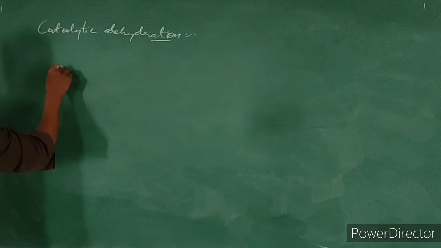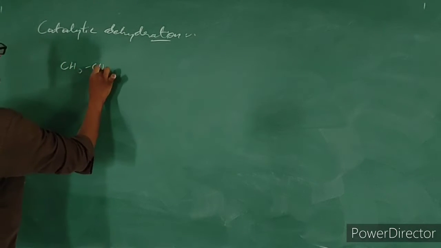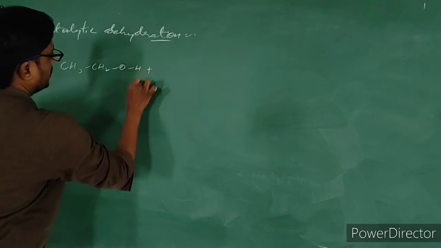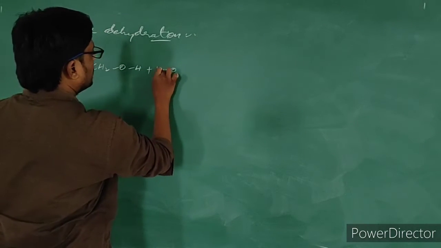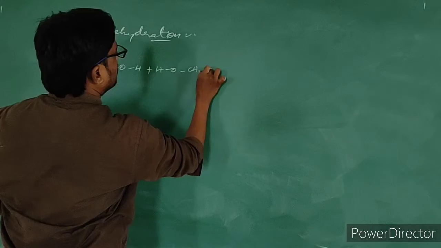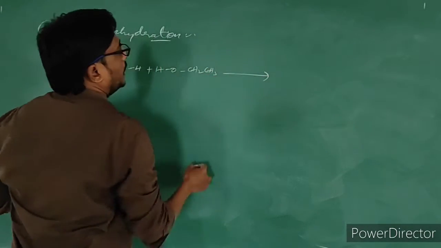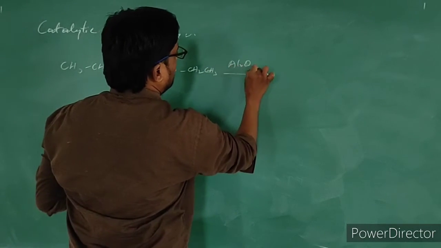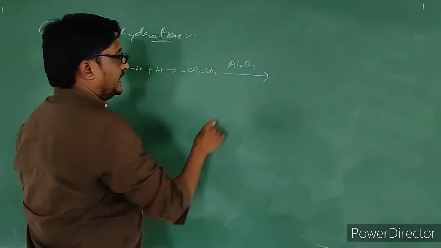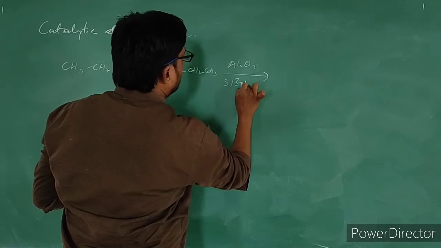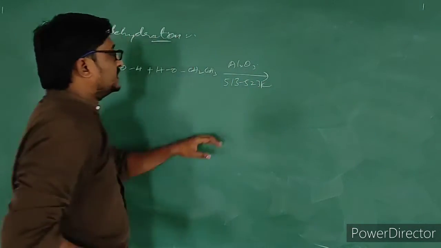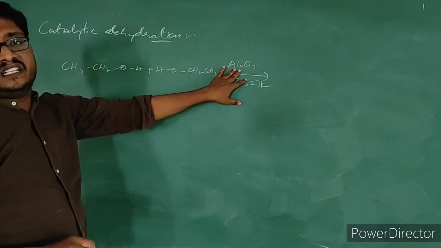Let us consider ethanol, CH3CH2OH, reacting with alumina, Al2O3. This acts as the catalyst at a temperature of 513 to 523 Kelvin. This is the temperature and this is the catalyst.